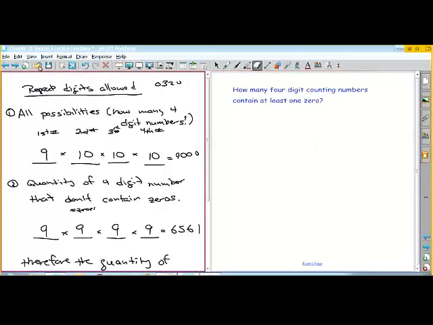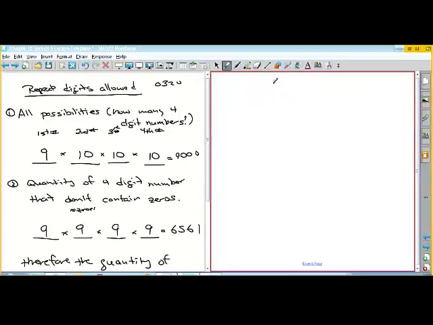So if you do repeat digits are not allowed, again, you look at all possibilities.